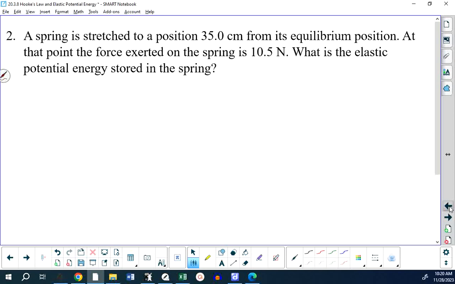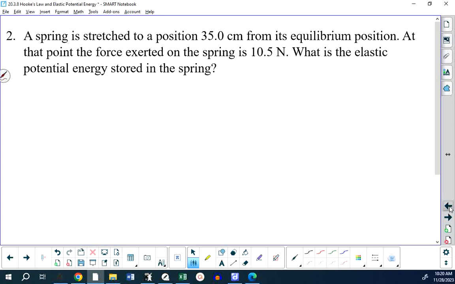And number 2, a spring is stretched to a position 35 centimeters from its equilibrium position. All that means, if I go back to this situation, it doesn't matter. We're not using the red marker, okay? But see the bottom of this little ring?